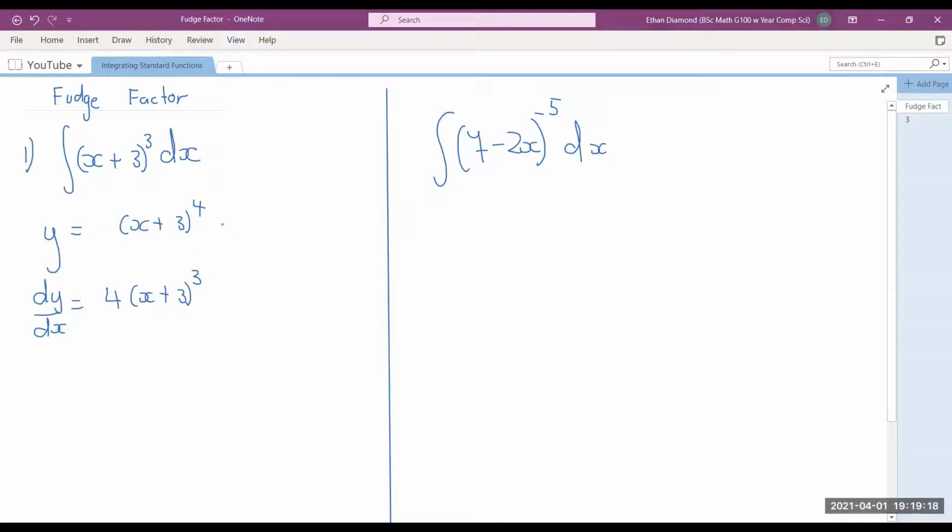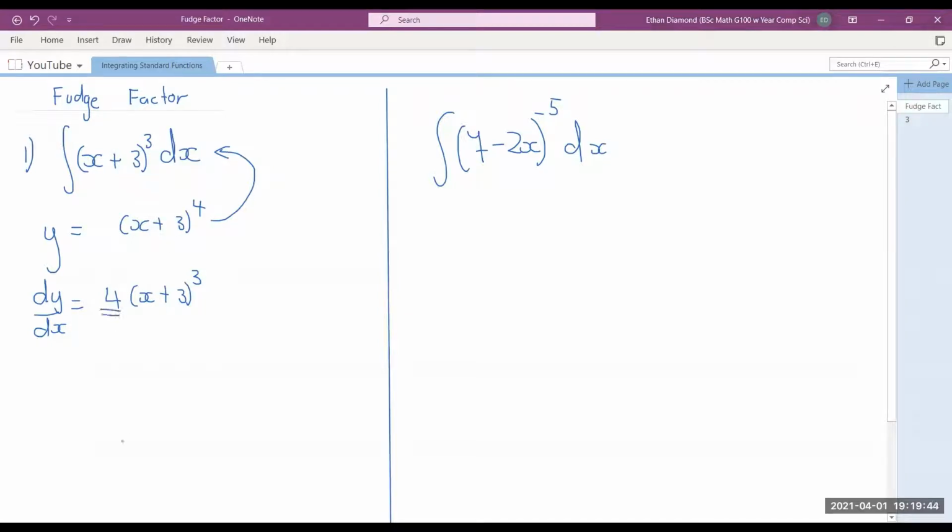And in theory, if we differentiate this, we should get back to this. Why? Because one is the opposite of the other. That's a really important thing to remember. Integration and differentiation are opposites to each other. So, is that true? When we differentiate the function y, do we get this integral?